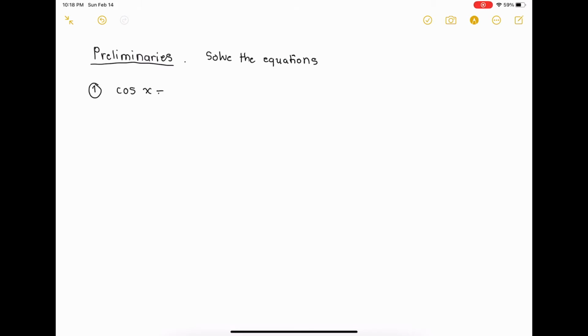Number 1, cosine x equals square root of 3 over 2. Find the value of x. In the previous lesson, in solving for the values of x, we actually restricted the possible values to its corresponding range. That's for the inverse trigonometric function.